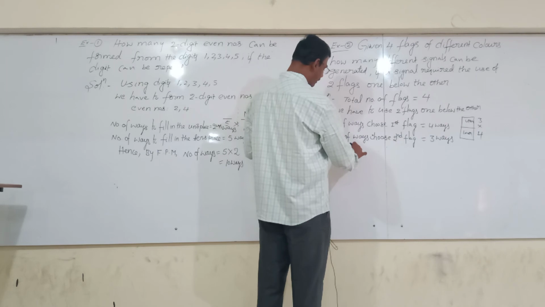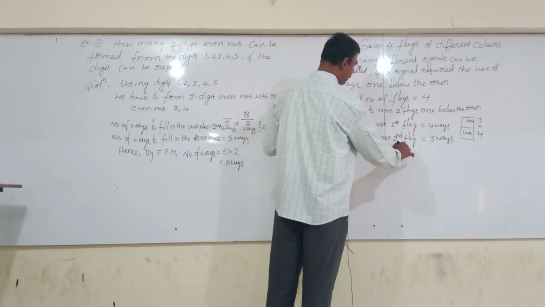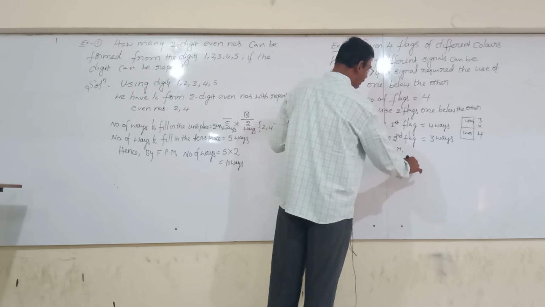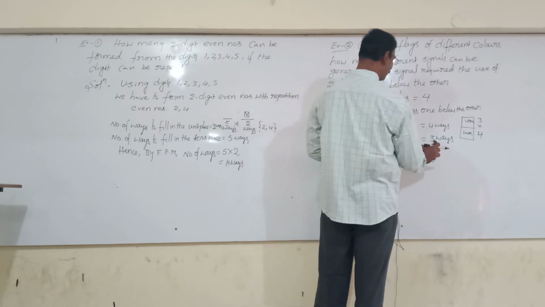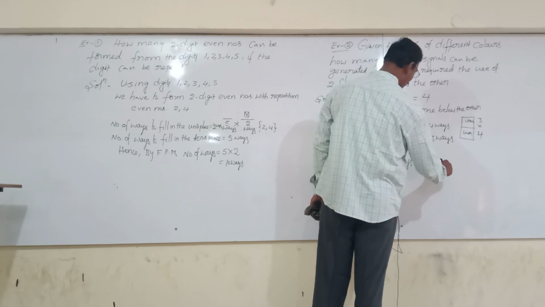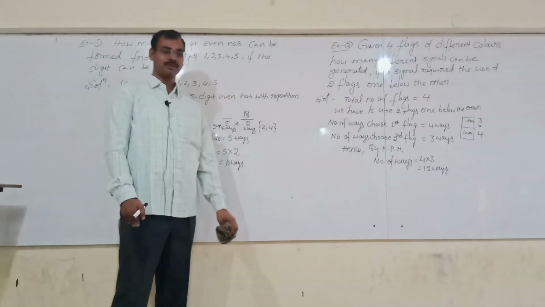Hence, by the fundamental principle of multiplication, number of ways is equal to 4 into 3, or 3 into 4, which is equal to 12 ways.